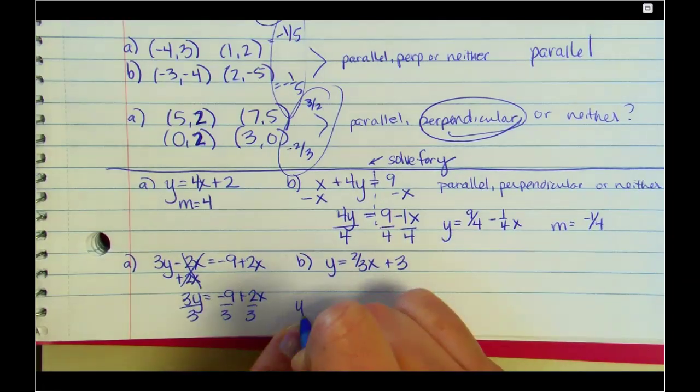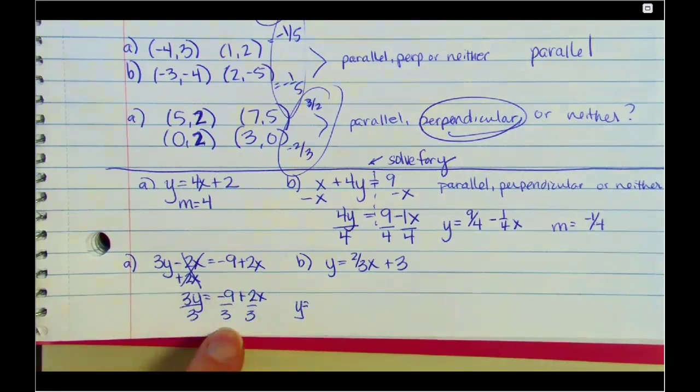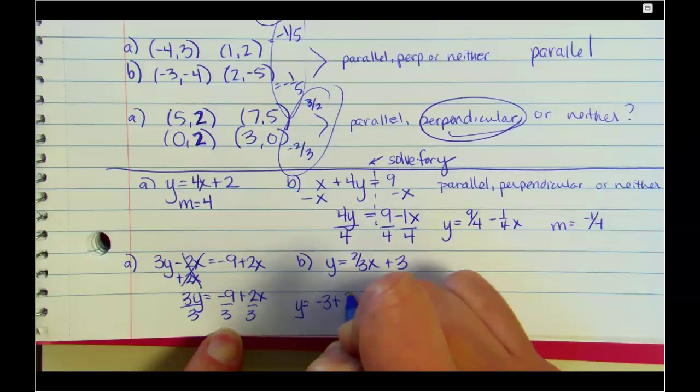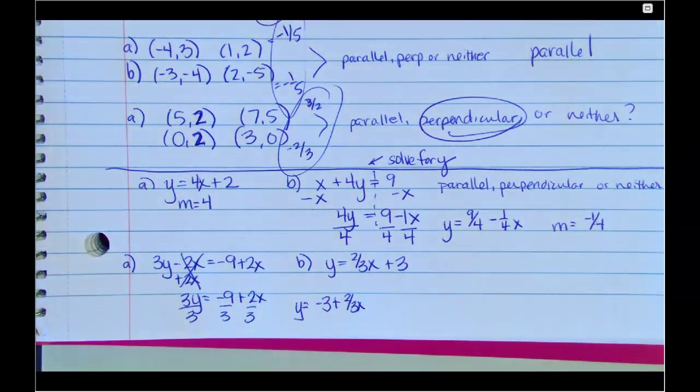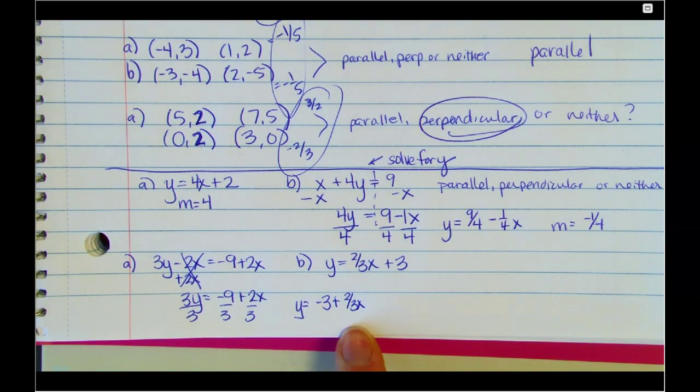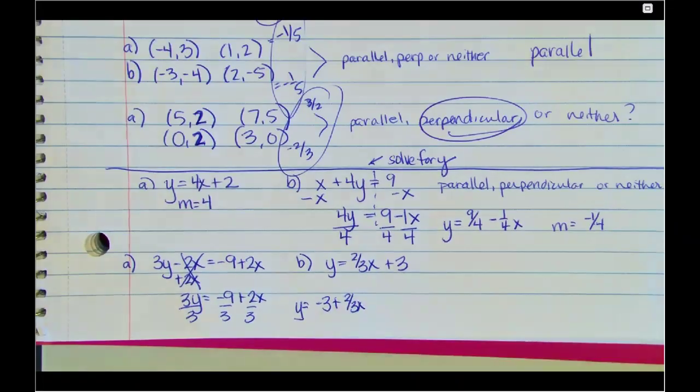So y equals, what's -9 divided by 3? -3 plus 2/3 x. Now I can answer the question because I know the slope. What's the slope for line A? 2/3. What's the slope for line B? 2/3. Parallel, perpendicular, or neither? Parallel, because the slopes are the same.